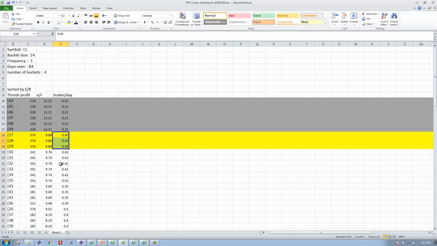Now, when I look at this ER number, a good way to think about it is, because we're dealing with probabilities and uncertainties, because we're trying to predict the future, your assumption shouldn't be that I'm now going to make 9.84 ticks per trade every time I take a trade, because this is a cumulative number across 84 trading days. Remember, you can flip a coin and get long stretches of tails.